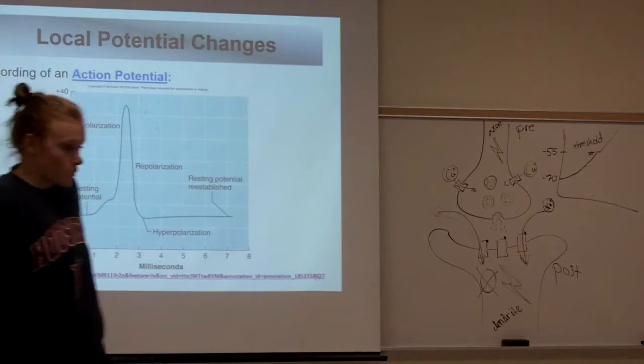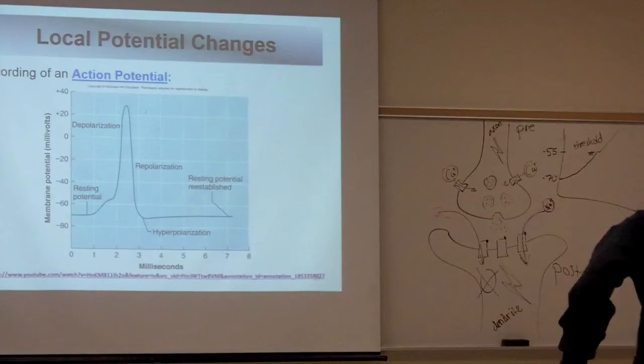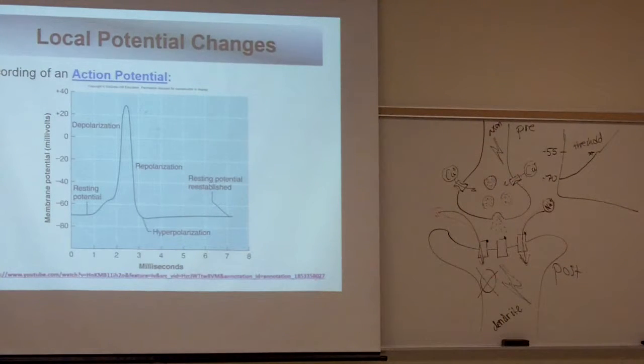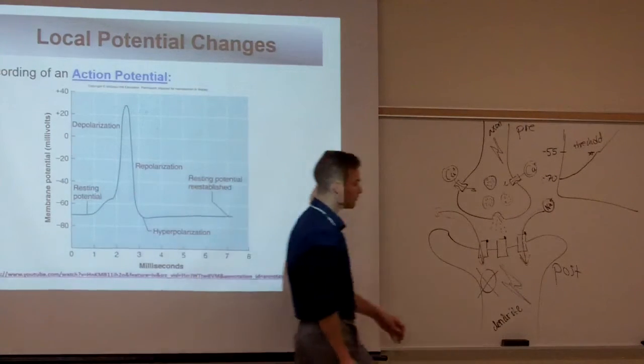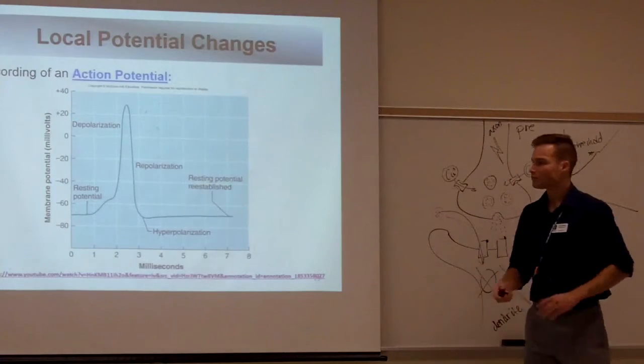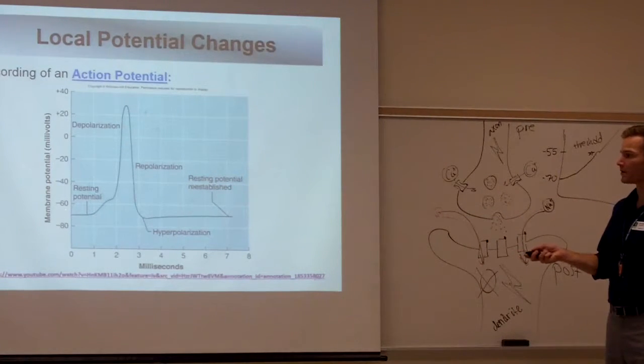This is what an action potential looks like on a graph. So you're going to see all of our values on this graph. Okay, so here's our millivolts on this side. Here's our time in milliseconds here. So this is really fast. This happens really quickly.